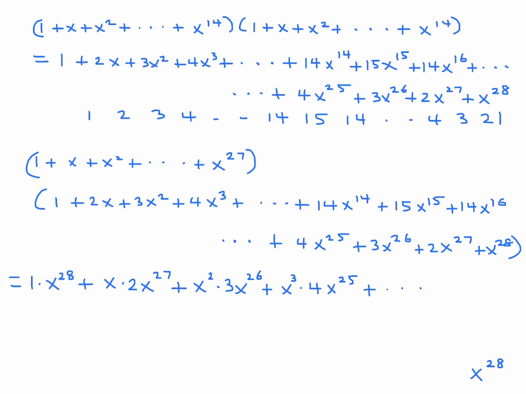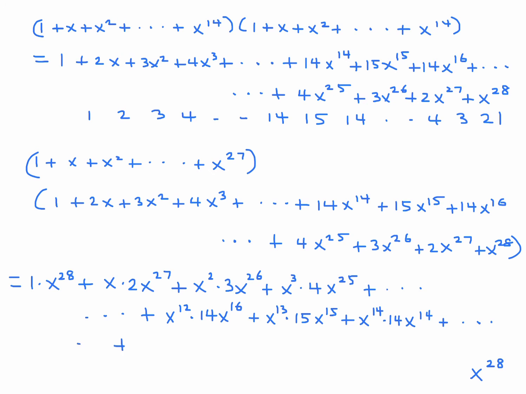And then eventually, if you get down to the middle numbers, you'll get x to the power of 12 times 14x to the power of 16, plus x to the power of 13 times 15 times x to the power of 15, plus x to the power of 14 times 14 times x to the power of 14, and so on.